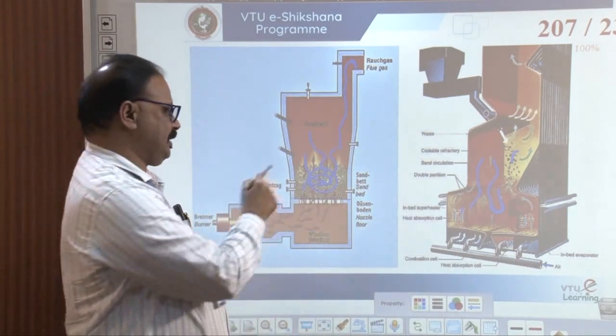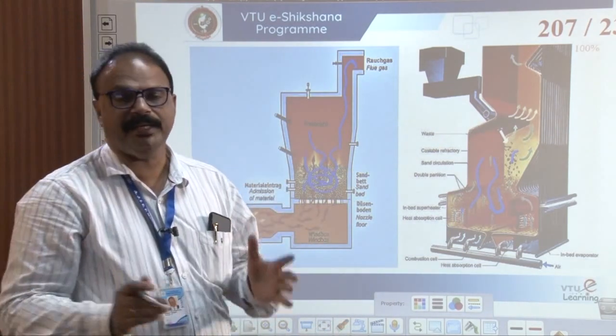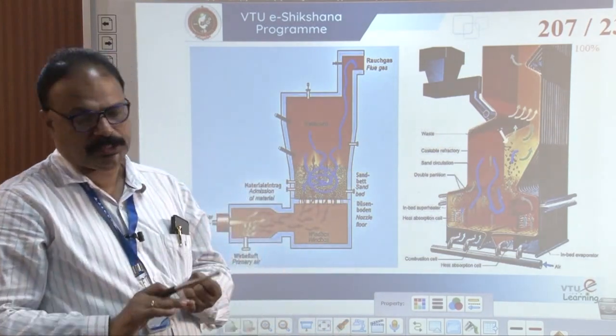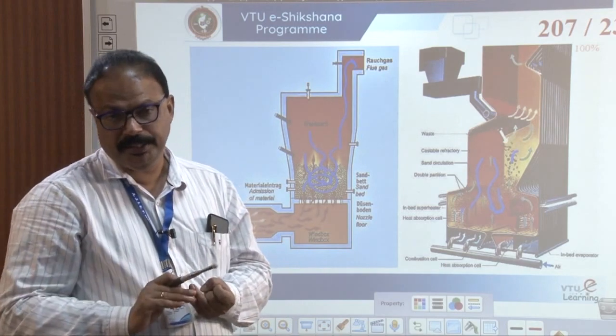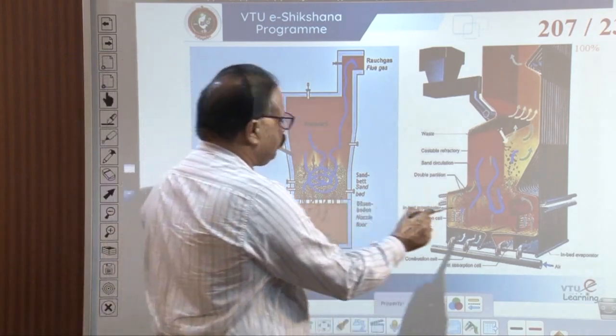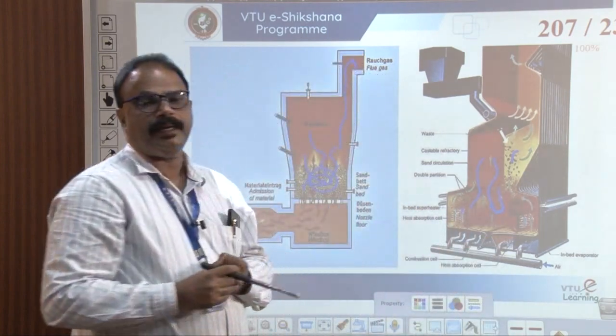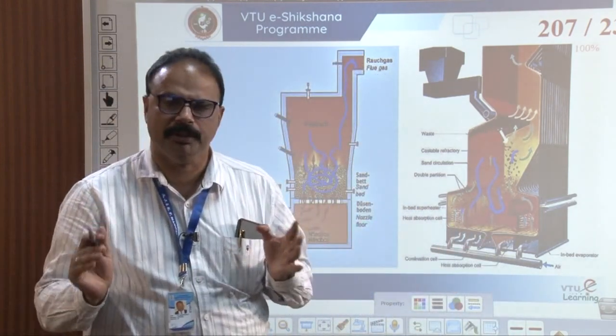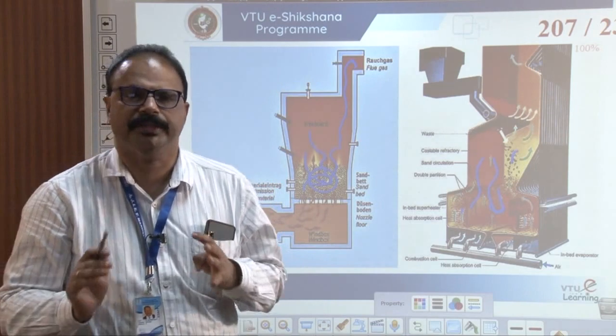These are the two incinerators. They are mainly used for burning hazardous waste, e-waste or biomedical waste, using these types of chambers or furnaces.